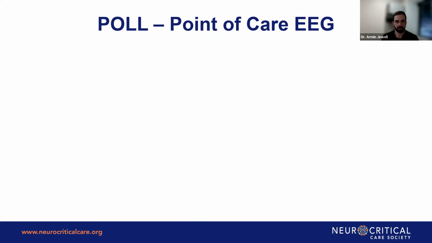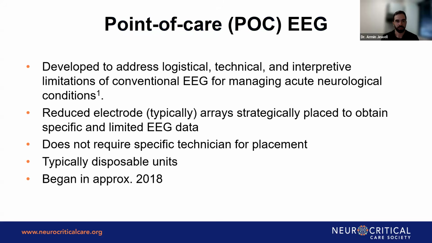It was developed to address those limitations that we mentioned in the slide previously. In general, the initial reason for development and research in the past was to give EEG information for acute neurologic conditions. Obviously, that has now changed and developed, as we'll talk about during this talk today.